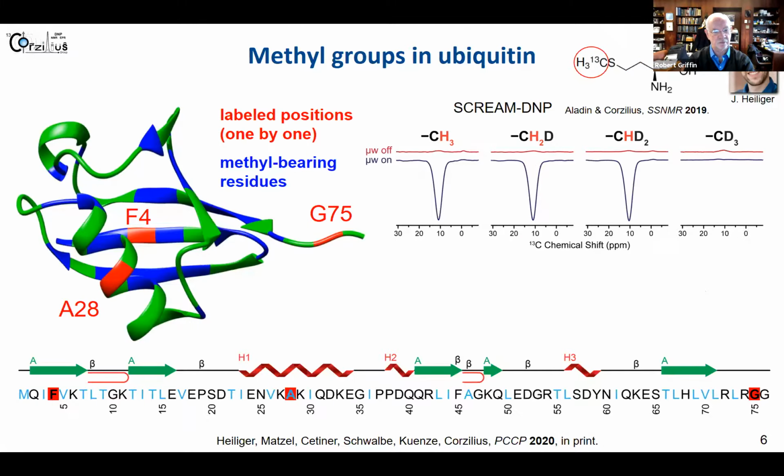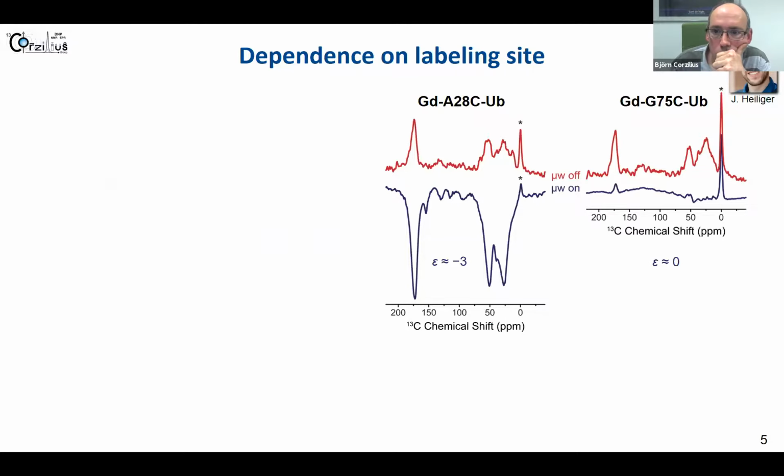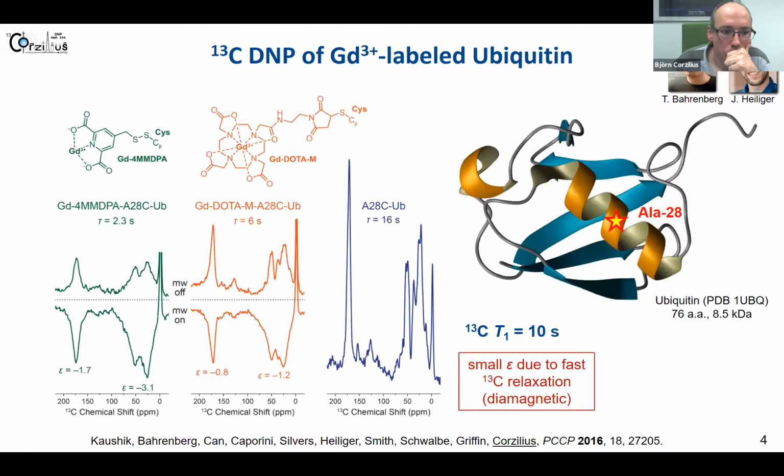So I guess this is between the two different labels. I assume that because the gadolinium here is much closer to the protein, we see more paramagnetic broadening. Also, the relaxation of gadolinium in this ligand and in the DOTA ligand is different, which could have an effect also on the broadening, for example, of the nuclear resonances.